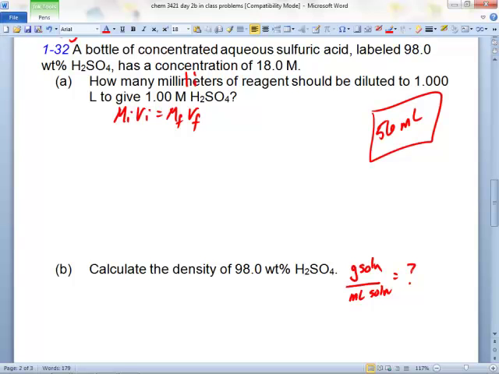Then write out all those variables you have up there, like the weight percent, visually. They want the density of the 98 weight percent, so write that out visually. And the 98 weight percent has 18 molar, so write that out visually. It should work out, right?